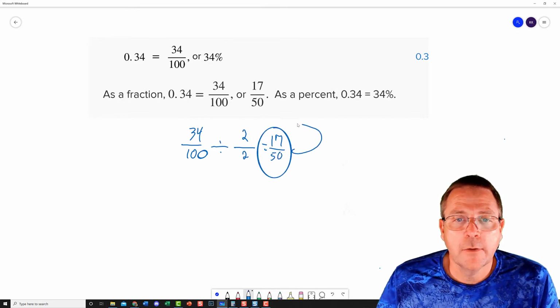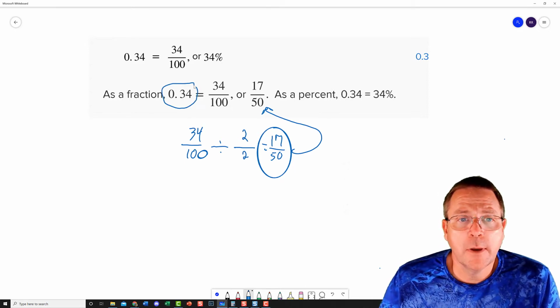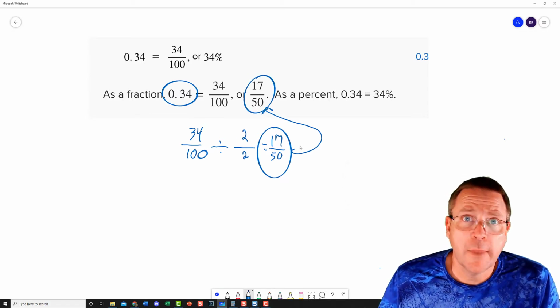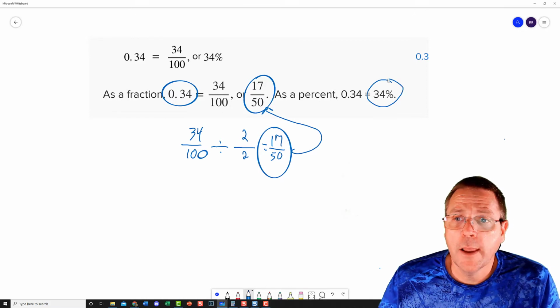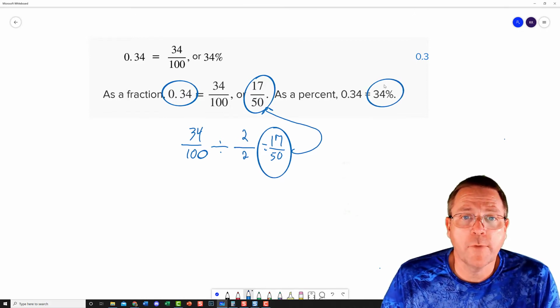And that is where they got that number from. So the numbers we'd actually care about putting in are 34 hundredths, 17 over 50, because that's a fraction in lowest terms, and 34%. Those are the three numbers we care about there for final answers.